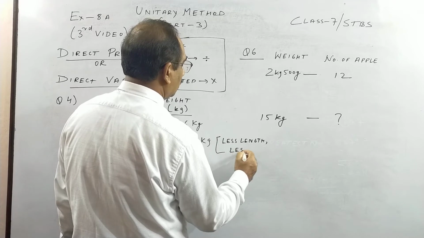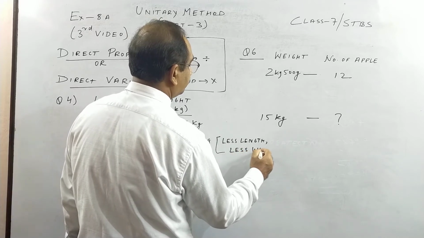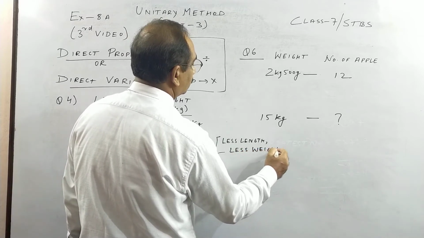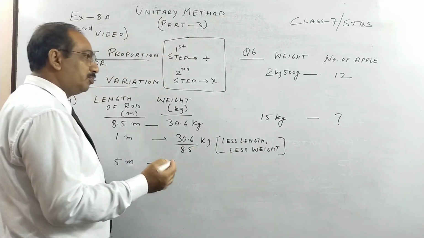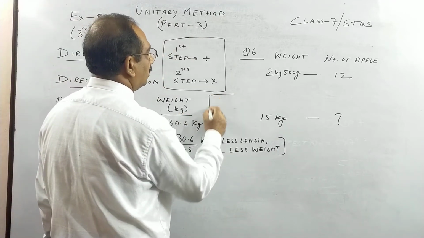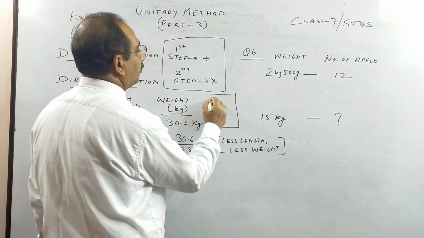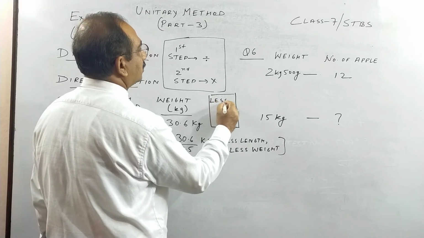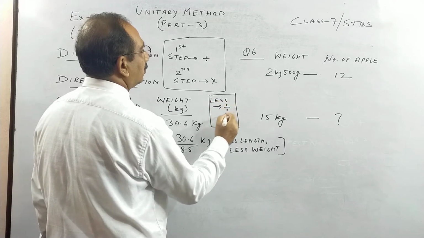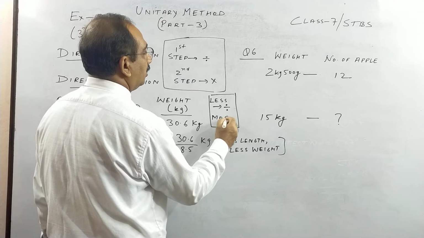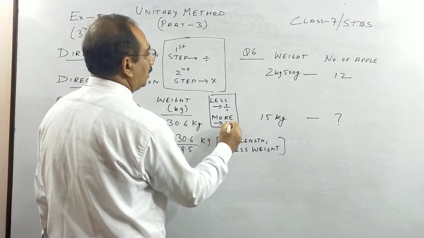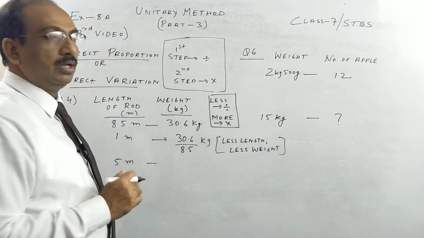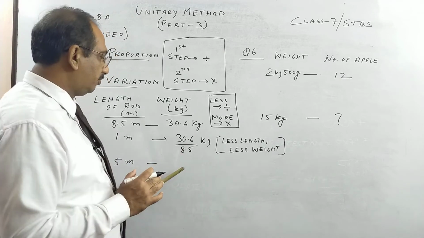Here less means, as I told you, second thing, children, in unitary method, if you recap, less means division, more means multiplication. There is no addition or subtraction when we do this.